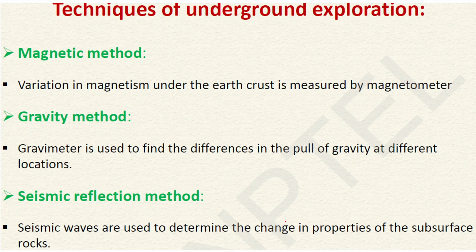These sound waves are reflected back, and these reflected signals are recorded in a detector, and different readings are taken for different locations. Using this seismic reflection data, we can also determine whether crude oil is present or not.